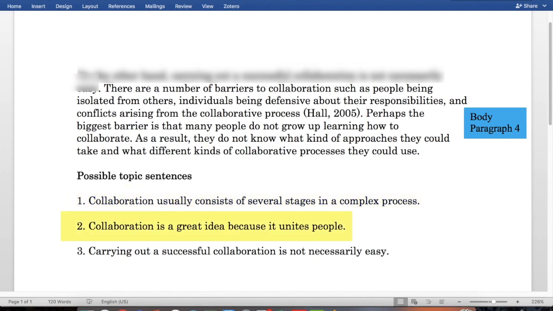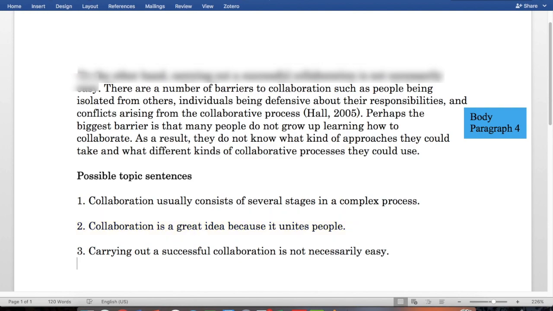Okay, number 2. Collaboration is a great idea because it unites people. This is actually a good idea, but it's been mentioned earlier in the report, and the tone of this paragraph is about more negative things, about barriers. So I don't think it's the second one.